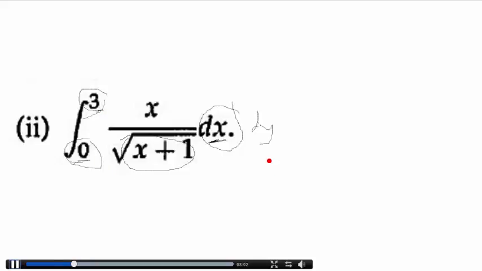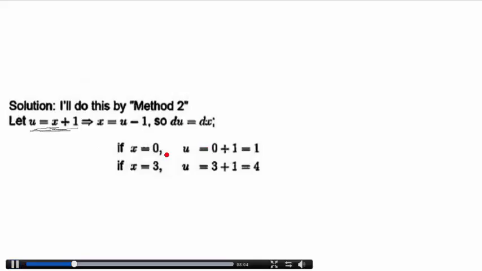So once we got to know that part, now we'll see, if x is equal to 0, because that is our limit of integration, then u is equal to 0 plus 1, because we have already chosen our u, which is u is equal to x plus 1.